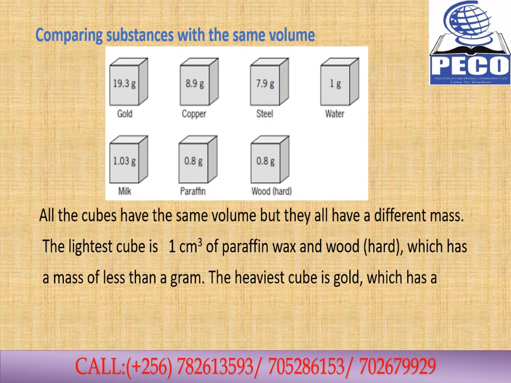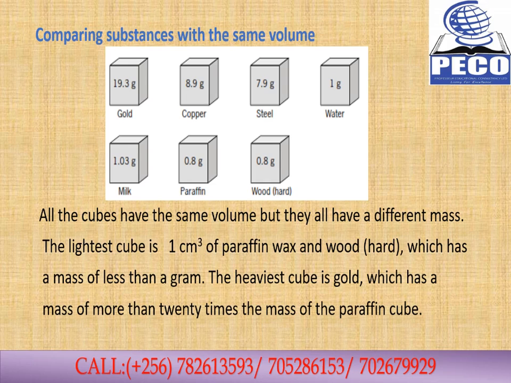But the heaviest cube, as you can see from the diagram, is gold with 19.3 grams. So you can see why gold is admired, which has a mass of more than 20 times the mass of paraffin. Even if you get 20 times 0.8, you will get just 16.